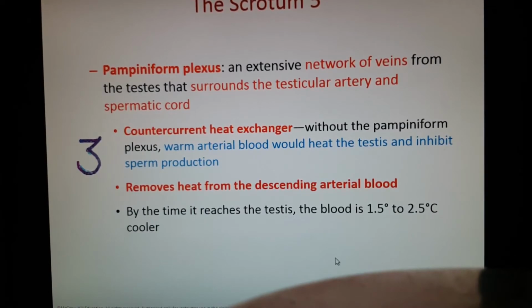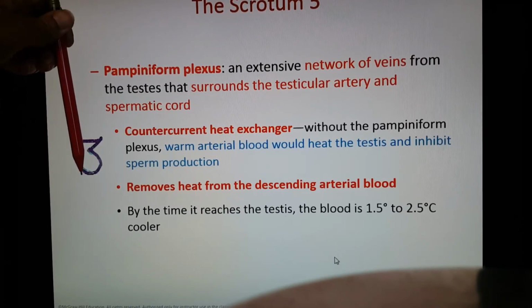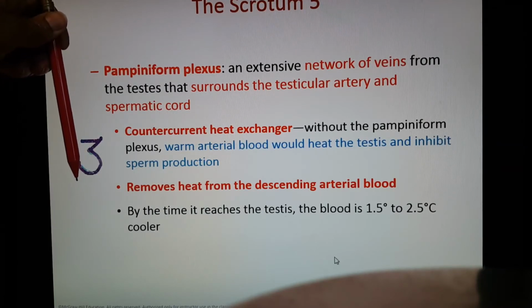And instead of in the nephron where they're exchanging water and salt, in this case you're exchanging heat. So you have the blood from your internal body that's fairly warm going into the testes.